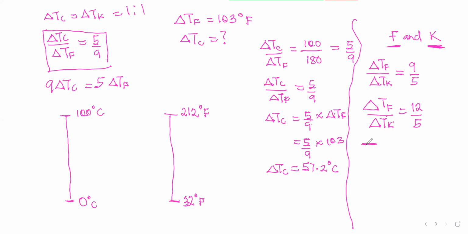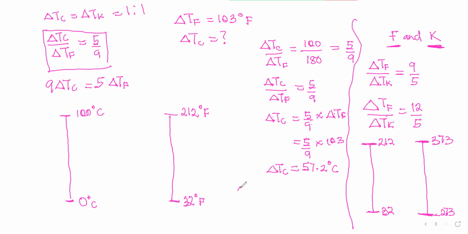So on the Fahrenheit scale, the ice point is 32, steam point 212. Then on the Kelvin scale, the ice point is 273, steam point 373.